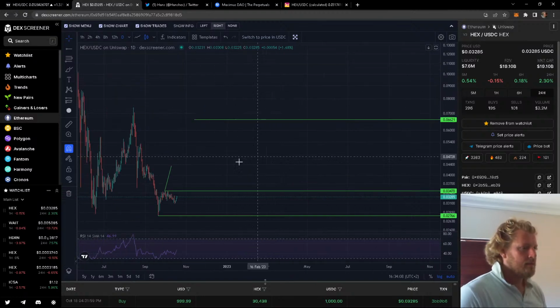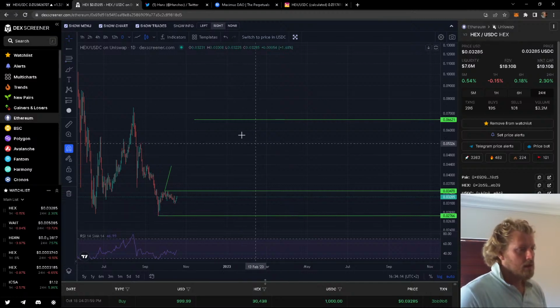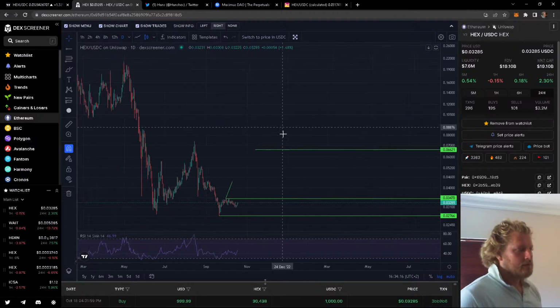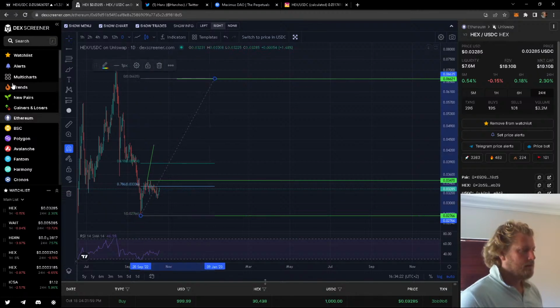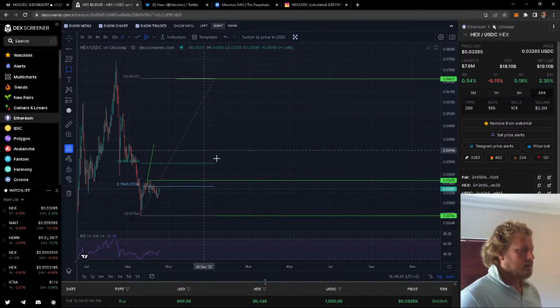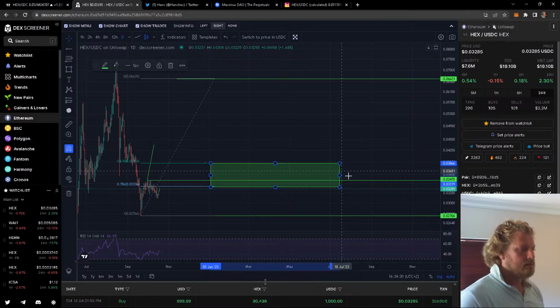I can then put that profit into something else, or I can reinvest half of it when it comes back to the reload zone, right? But I'd only do this with a very small percentage of my overall portfolio, right? That's just what I would do.